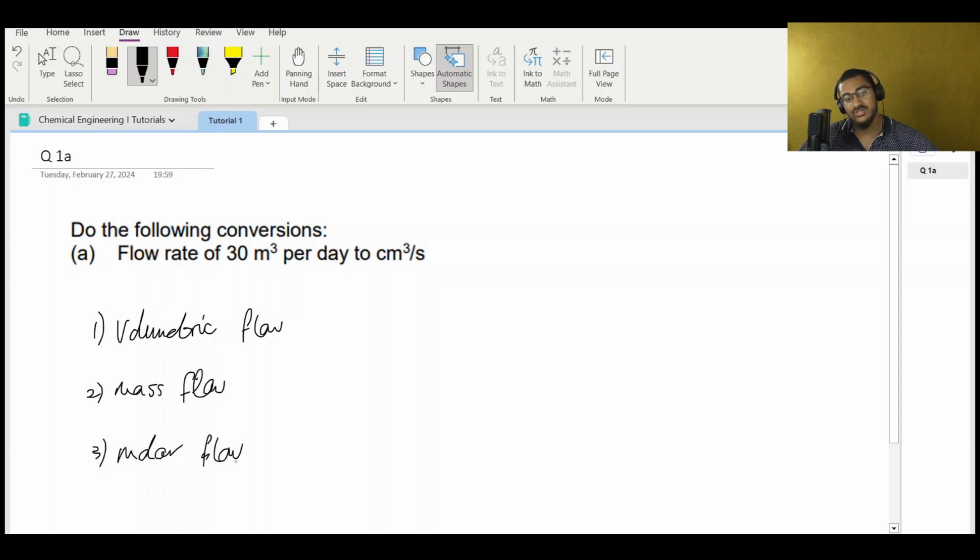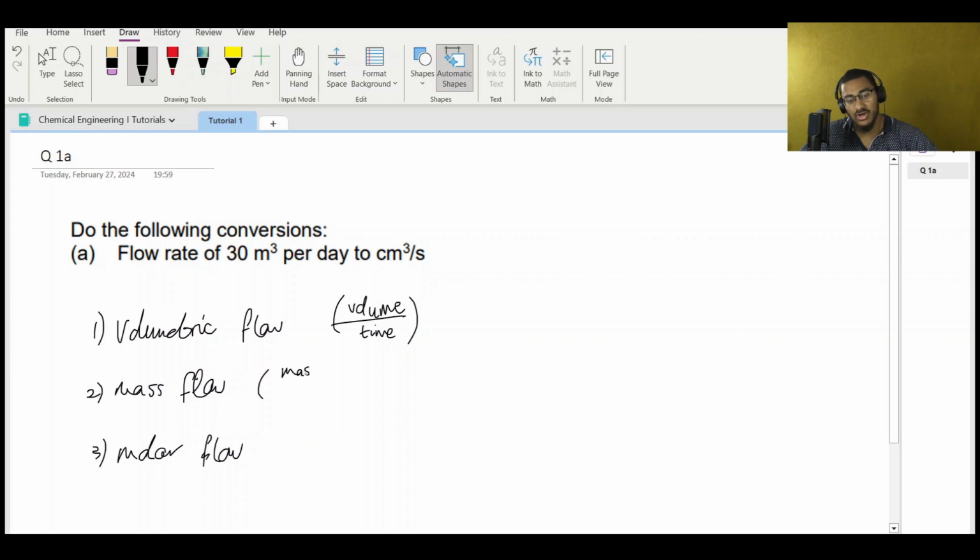I think just based on the title, you can already guess what each of these flow rates refers to. The volumetric flow rate is some kind of volume passing a specific point in a pipe per unit time. So it's expressed as volume per time, for example, cubic meters per day. The next kind of flow rate you'll experience is a mass flow rate.